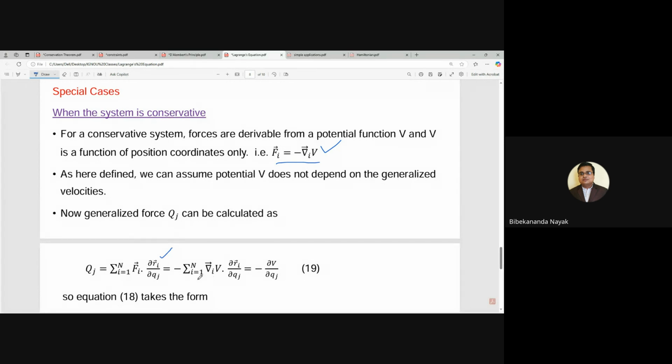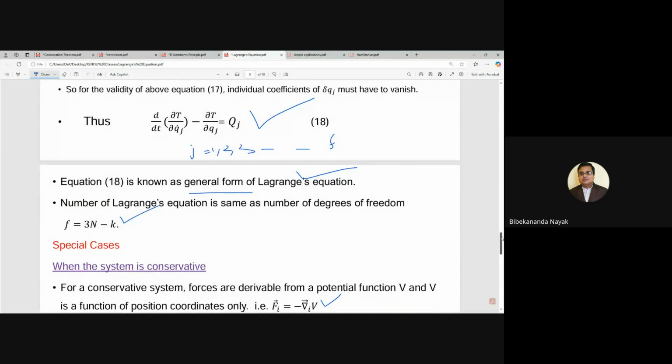If I put minus ∇i V, then minus ∇i V · ∂Ri/∂Qj, but ∇i V is nothing but ∂V/∂Ri, as I have already told you. So using the reverse chain rule, you can say ∂V/∂Qj. So it is nothing but minus ∂V/∂Qj. So here you can write, for a conservative system, Qj equal to minus ∂V/∂Qj.